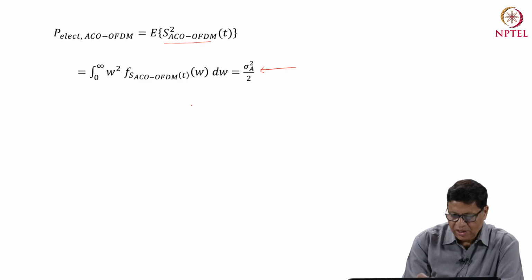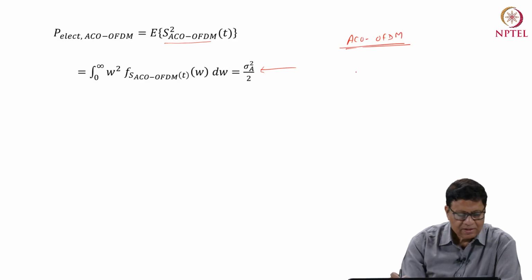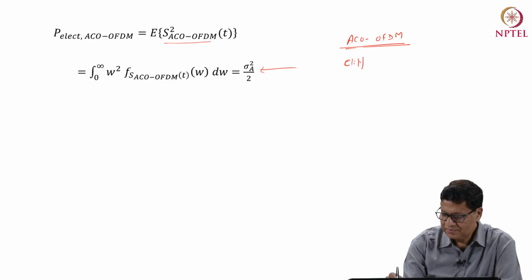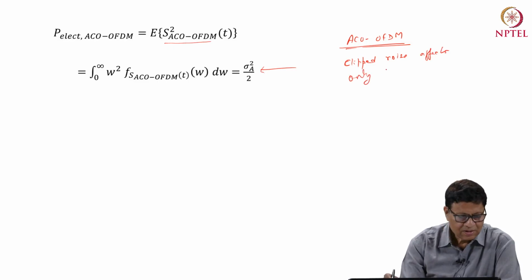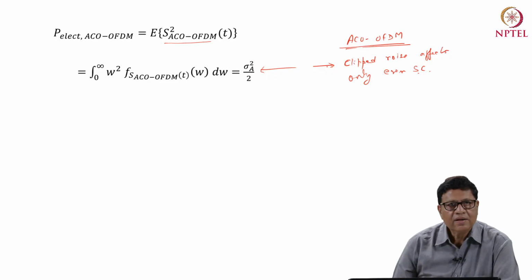So in ACO-OFDM, let us list down what is normally done here. The clipped noise affects only even subcarriers where there is no data.